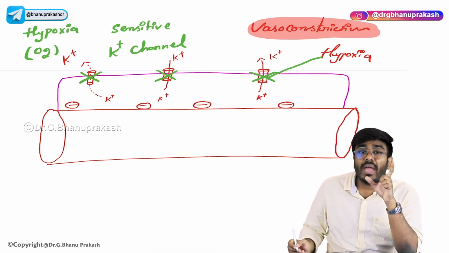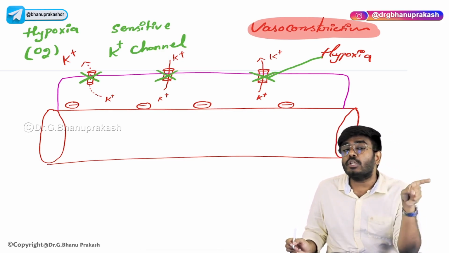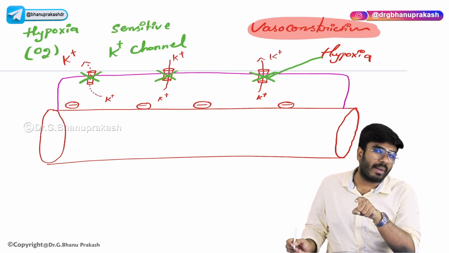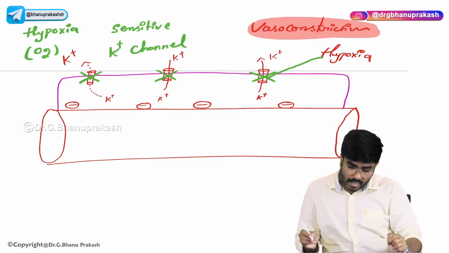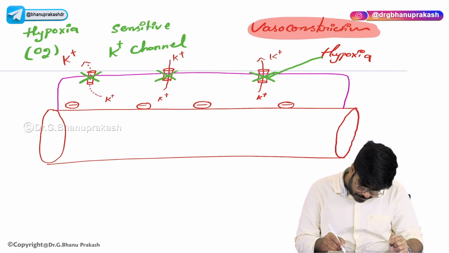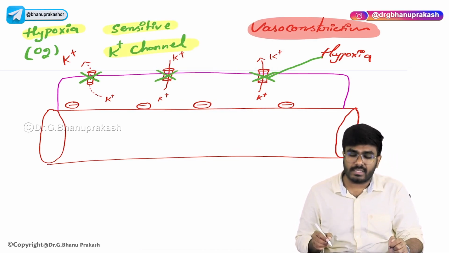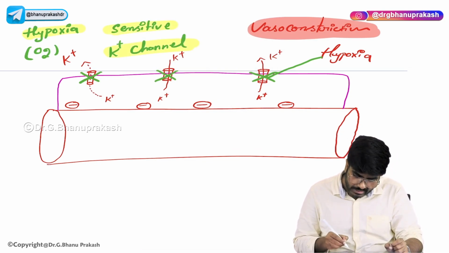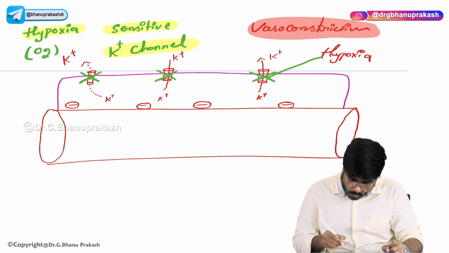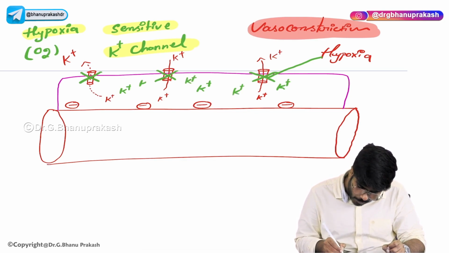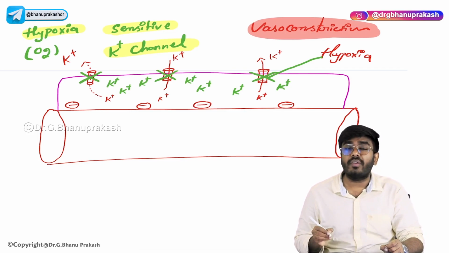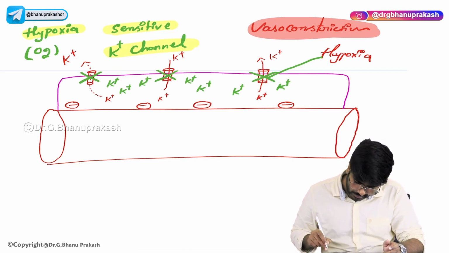Yes, guys, we have discussed ATP sensitive potassium channels in the beta cells of the pancreas, which help in the release of insulin. Just like that, here are hypoxia sensitive or oxygen sensitive potassium channels. Whenever there is a hypoxic condition, they will inhibit these channels. Now potassium is not going out. Potassium starts to accumulate inside the cell. When positive ions accumulate inside the cell, that will cause depolarization.